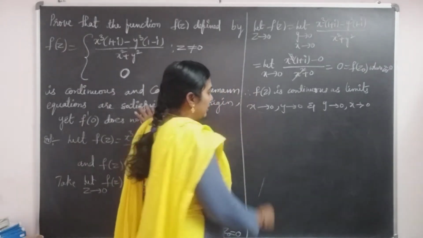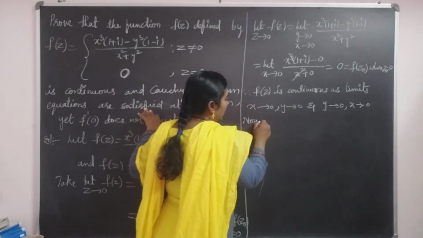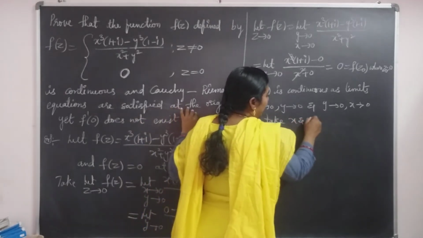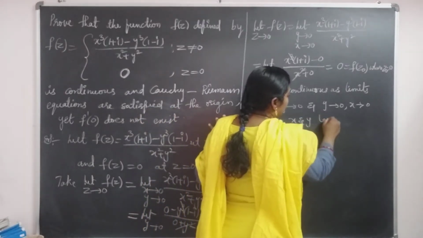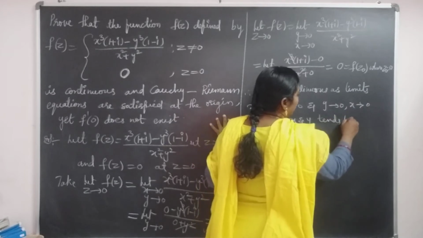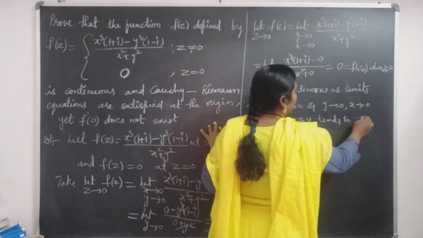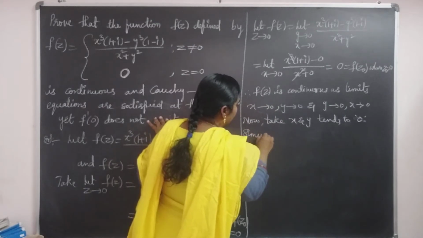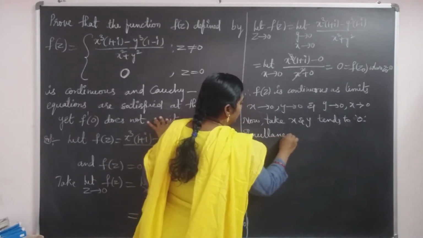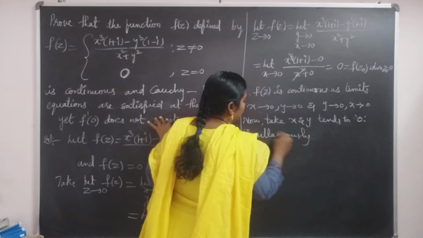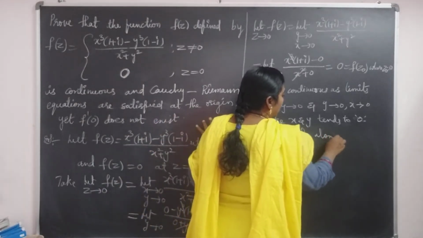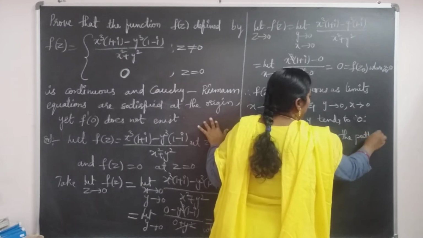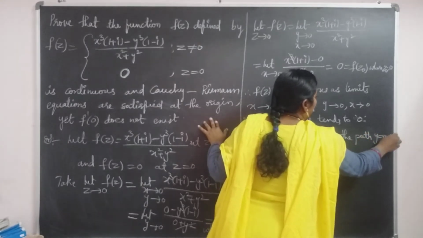Next we can take x and y tends to 0 simultaneously along the path y equal to mx.